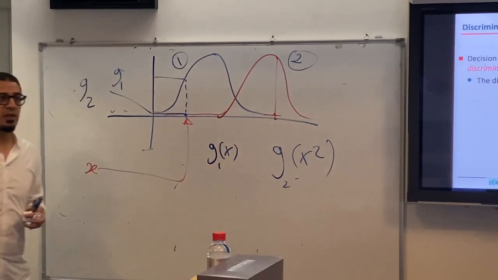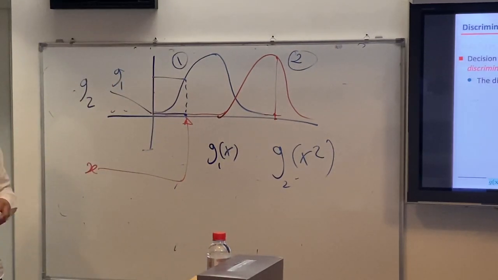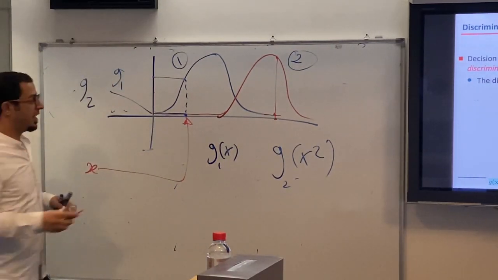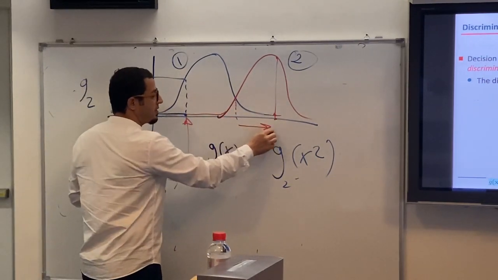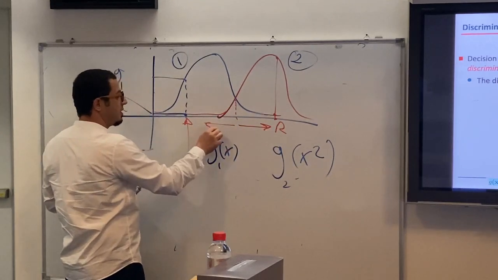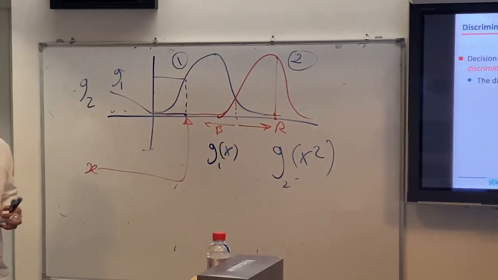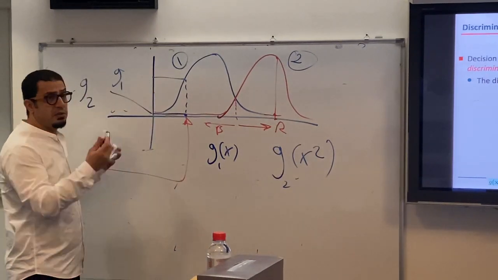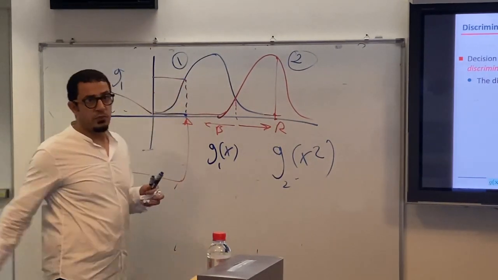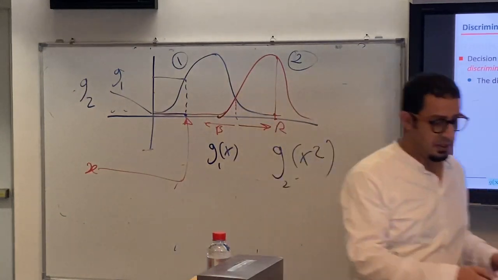So for sure it is the blue one. If I ask you what the boundary is here, it's exactly at the intersection. Here it will be the red class, and here the blue class, based on G. G here is the density, the value of this one. You see the way we can do it?